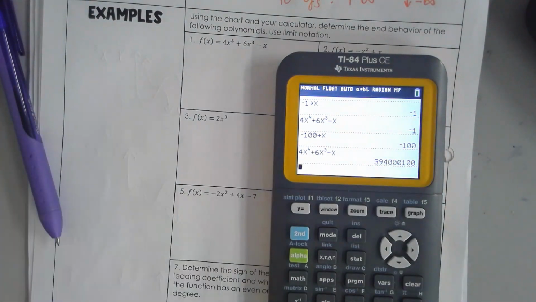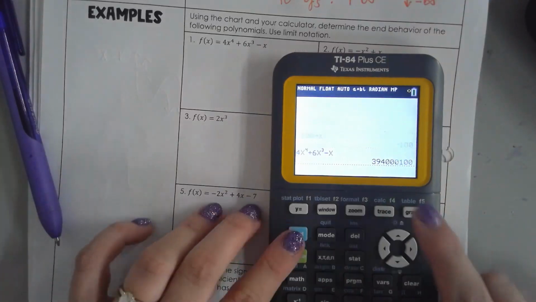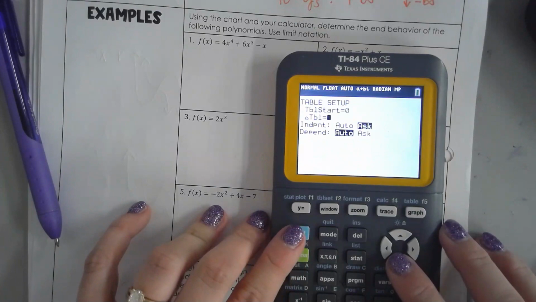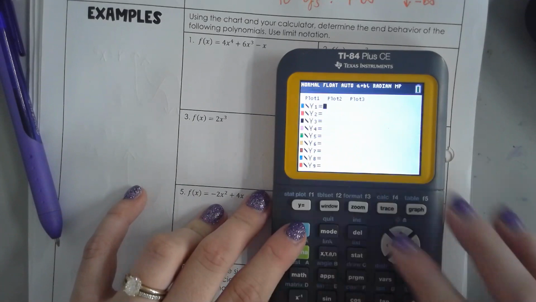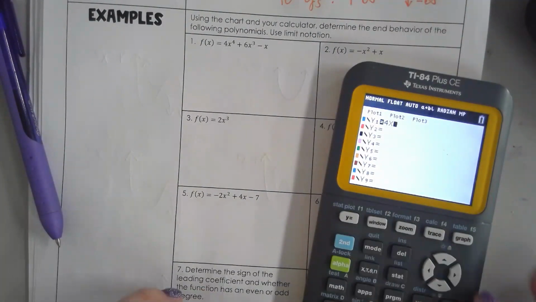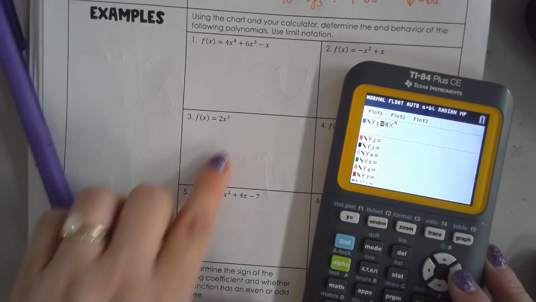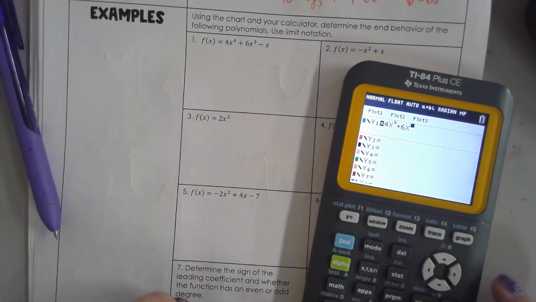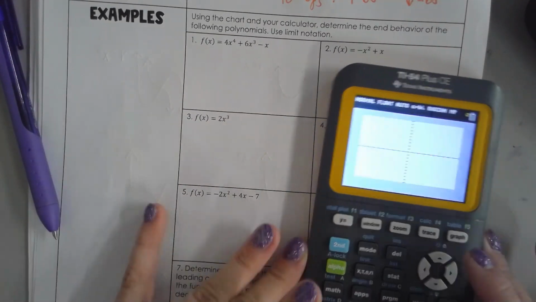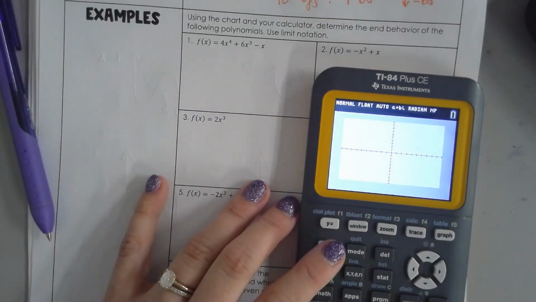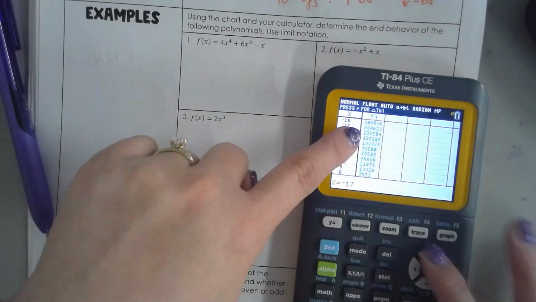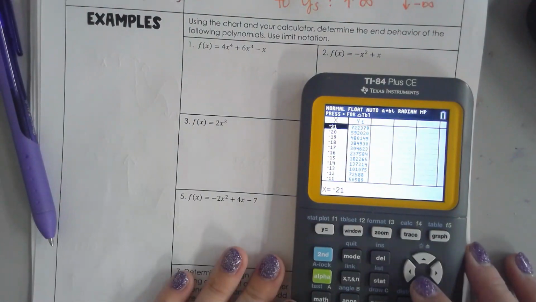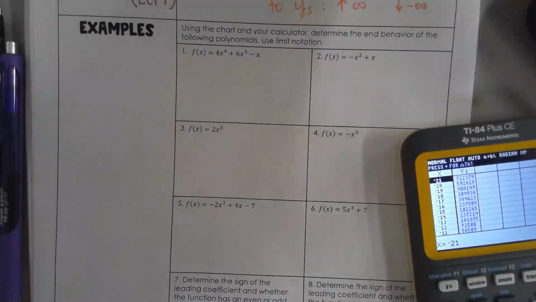So on the left side, as x approaches negative infinity, or even if we look at the table, 4x to the fourth, 6x cubed minus x, if we go in the negative direction, what's happening to your y's? They're getting bigger. So lots of different ways we can figure that out.